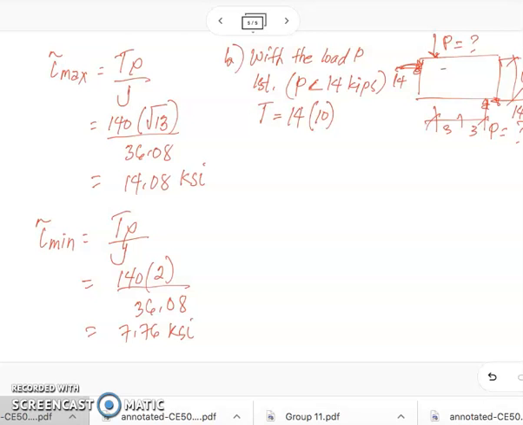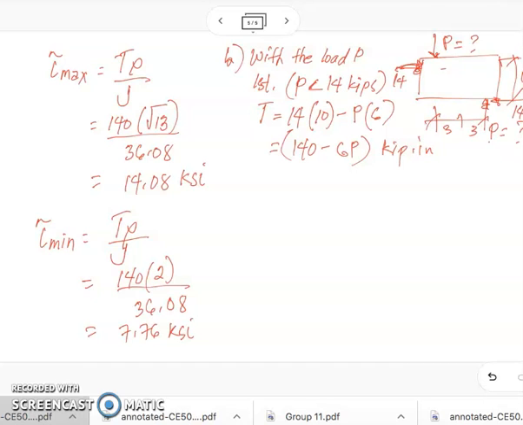P will create a counterclockwise torque, so minus P times the distance, which is 6. If we simplify, this is 140 minus 6P. The unit is kip-inch. So that is the first case.